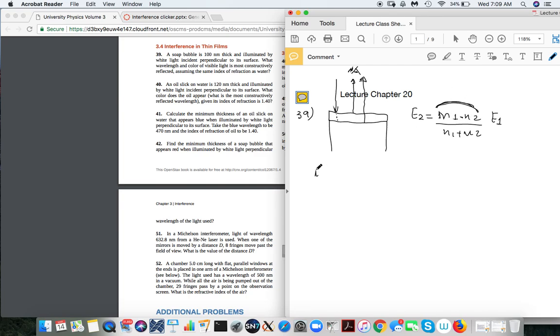So if N1 is the index of refraction of the medium the light is going through, and this is N2, the light ray is being reflected from N1 and from N2. Now, if N1 is less than N2, then the electric field will have a direction that opposes that of E1, it is 180 off. Then it flips. It's a pi.